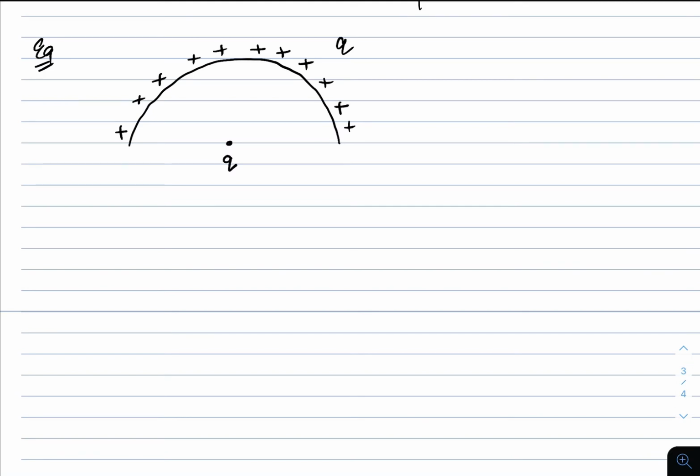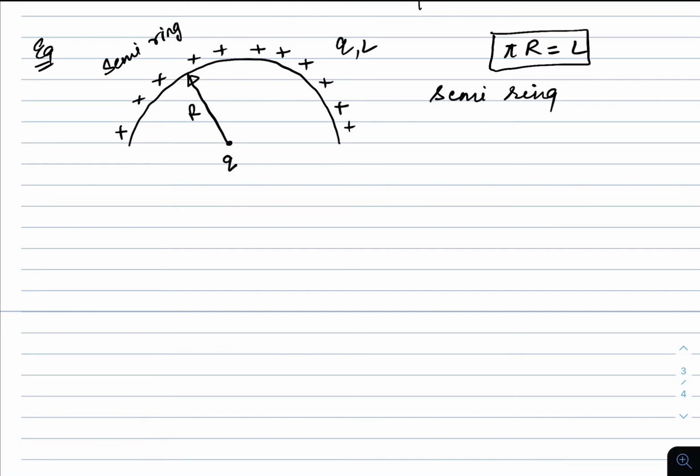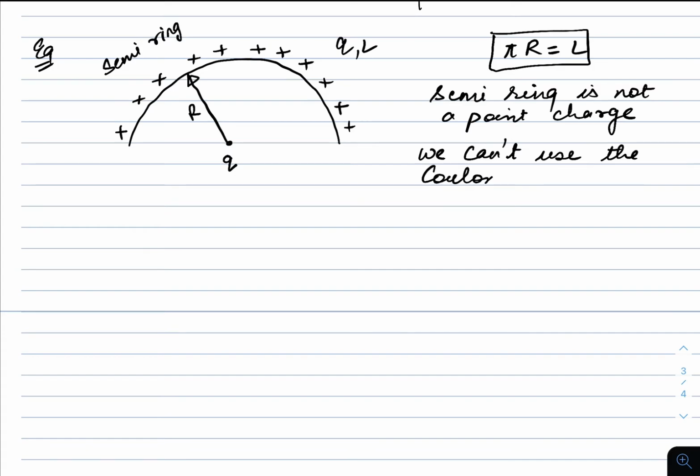The semi-ring has radius R and length L. So first of all you can convert pi R is equal to L. You can state your answer in terms of L and also in terms of radius. The semi-ring is not a point charge, so again we cannot use Coulomb's law directly. That is very important.